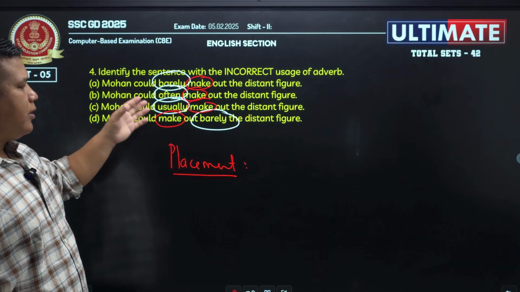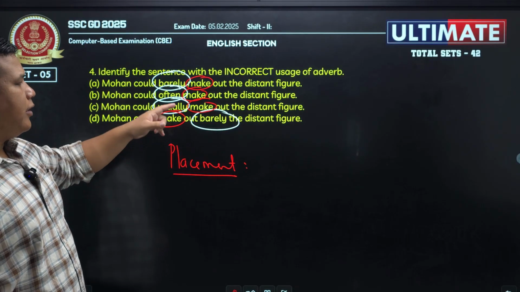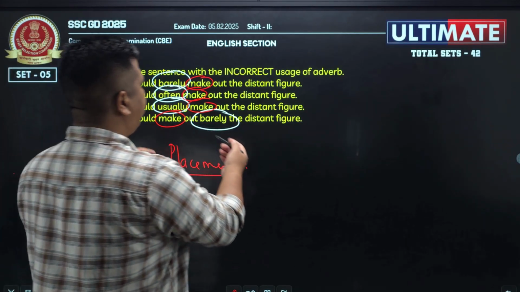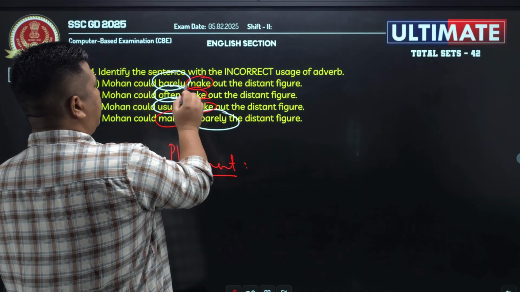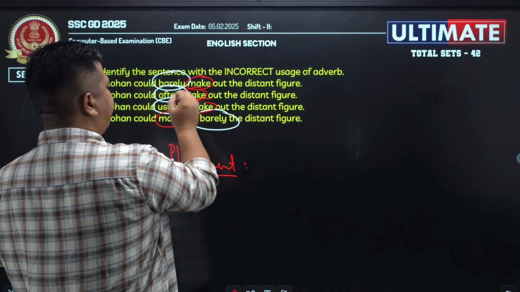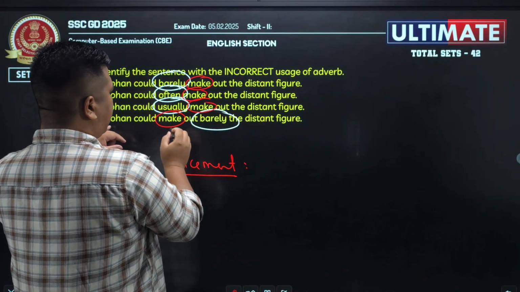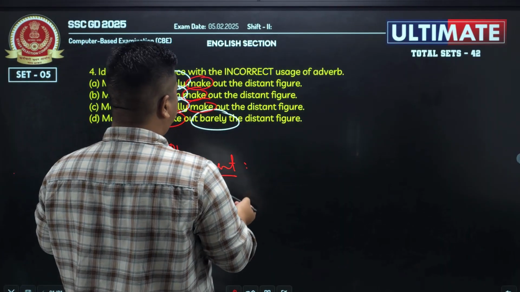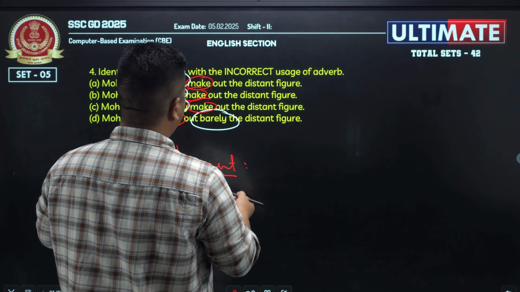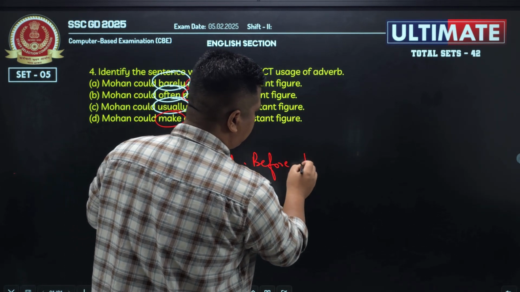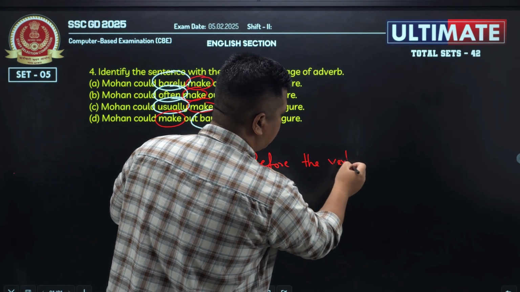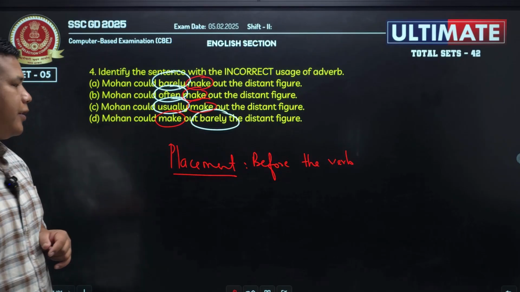Since the rest of them are adverbs of frequency, let us treat them as adverbs of frequency. Option A: barely make, often make, usually make. Option D: make barely. The placement of the adverb of frequency should be before the verb they modify.